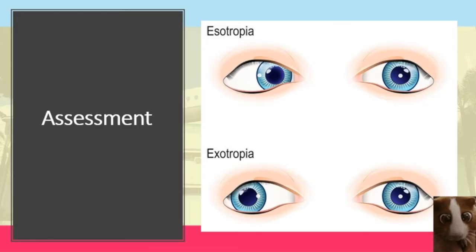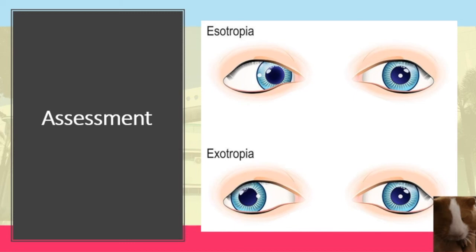There are different misalignments of your eyes. You have esotropia and you have exotropia. Esotropia is what we commonly refer to as cross eye. It is the inward or convergent deviation of your eyes.